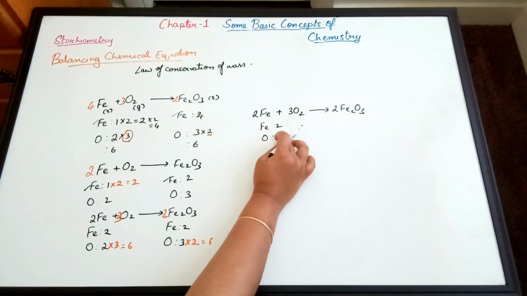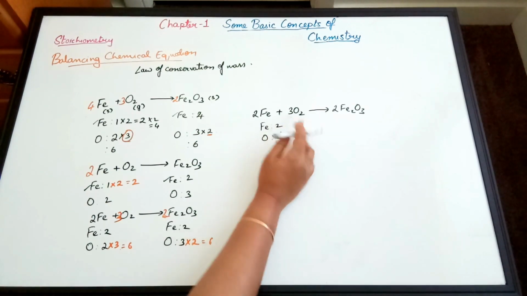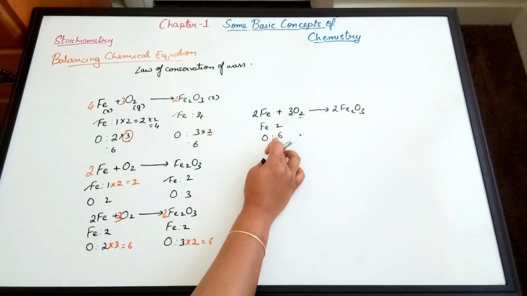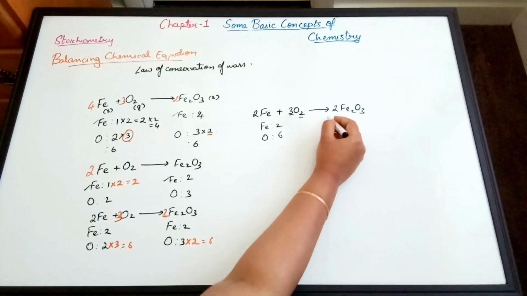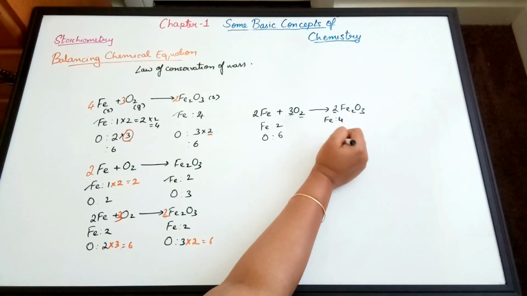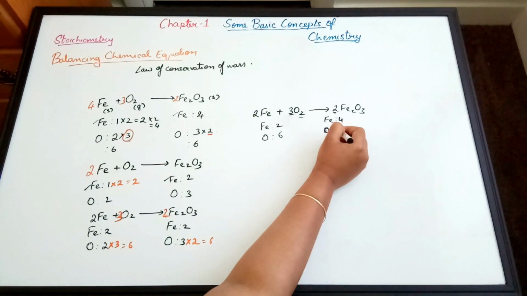Sorry, 3 into 2, that's 6. Basically, when you have it like this, you have to multiply this number with this one. So that's why we're saying it has 6 atoms of oxygen. Whereas iron is 2 into 2 over here, because this number gets multiplied with this as well. It's 4, and 2 into 3 equals 6.